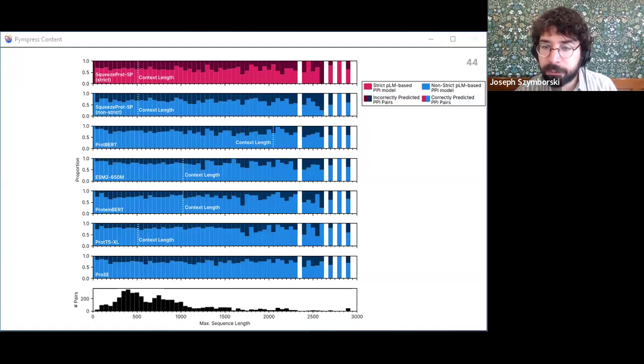As you can see, there's no difference between the strict and non-strict models. And similarly, when you pass that dotted line, it's not like the proportion seems to get much worse. It seems to be mostly the same overall. So really no correlation between the PPI inference length here.